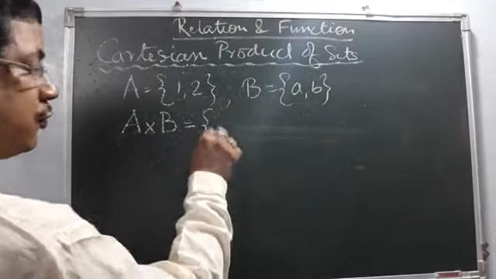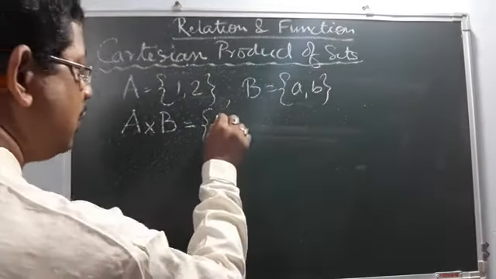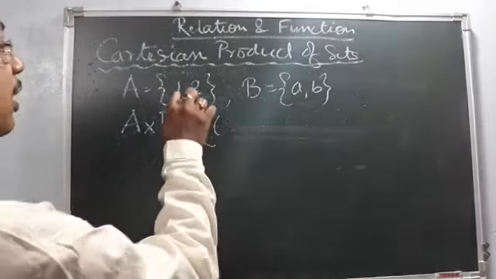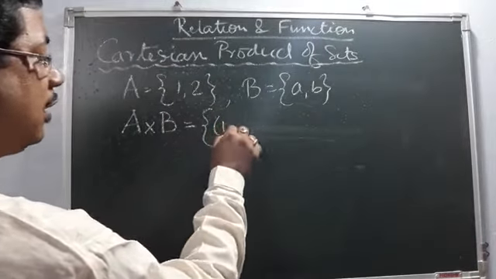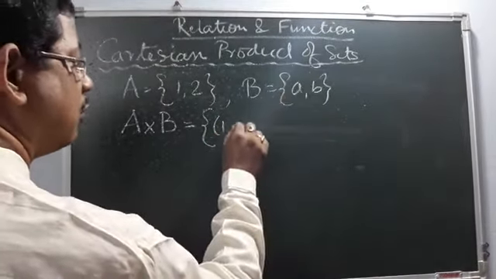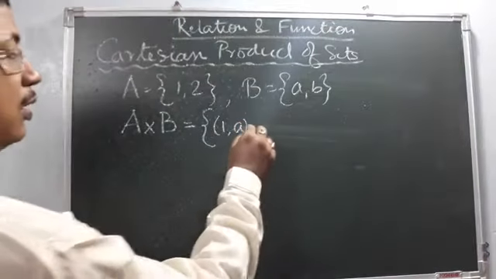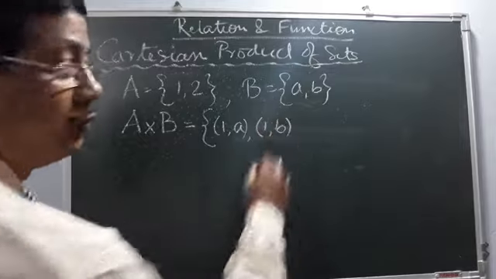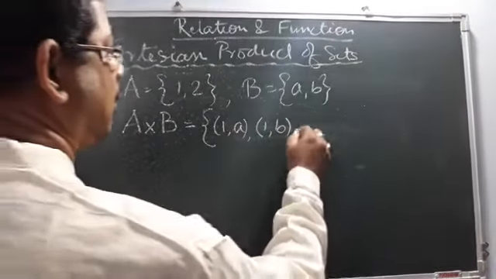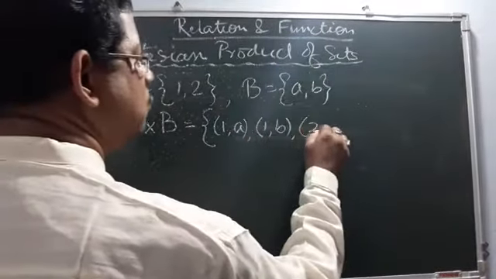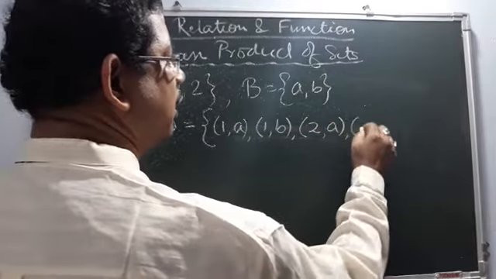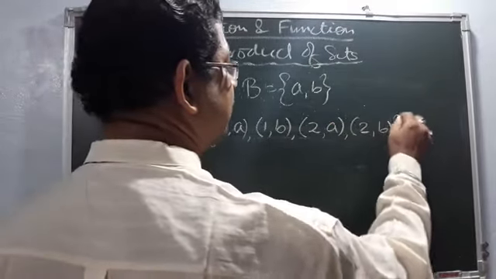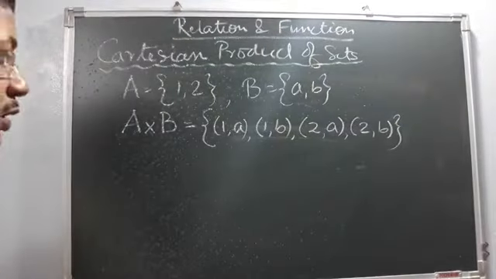This is of course a set which contains pairs. Here the first element is from set A, the second element from set B. Then yes, (1,a) we can write as well as (1,b) also we can write. Then we can write (2,a), then we can write (2,b) also. So see, what is this?